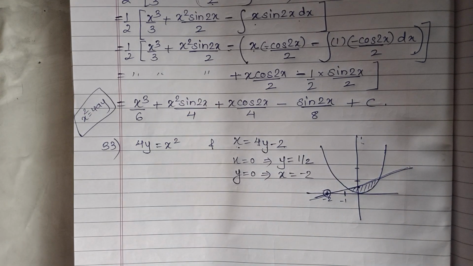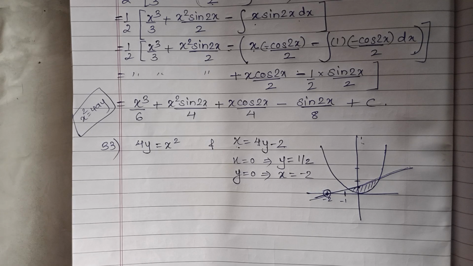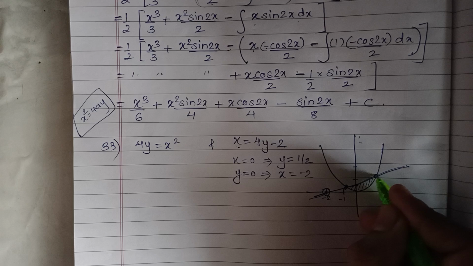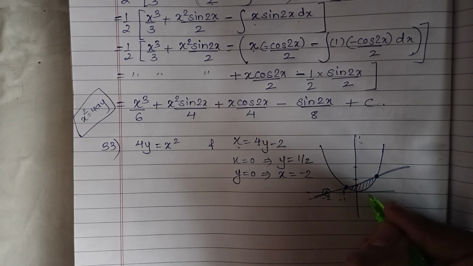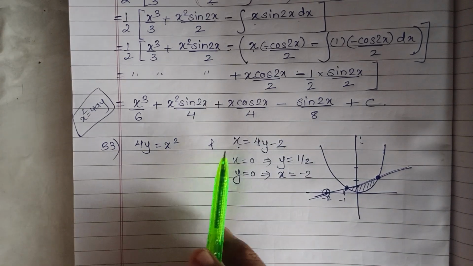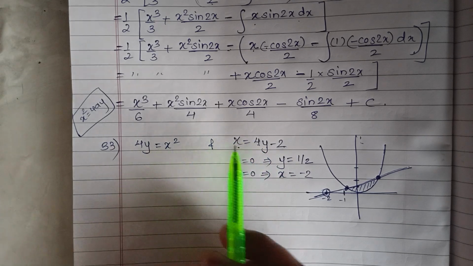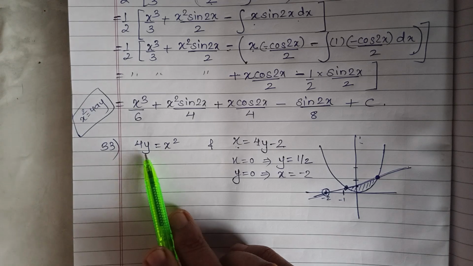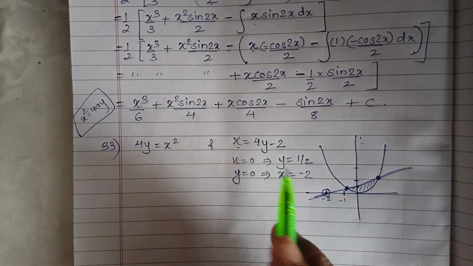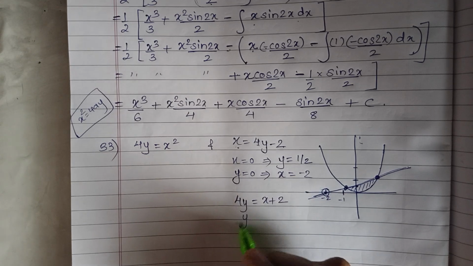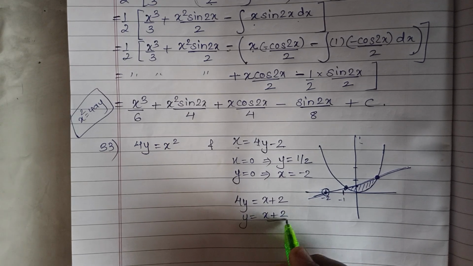So we need the points of intersection of the line and parabola. So we'll put y in terms of x. I'll write this as 4y equal to x plus 2, so y is equal to x plus 2 by 4.